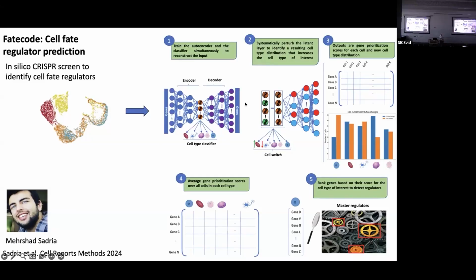We decode the result, and the decoded result is a gene expression matrix, like genes by cells. Once we have that decoded gene by cell matrix, that's the predicted result of the in silico perturbation, we can apply a standard cell type classifier to it, and we can see what cells are there in the result.